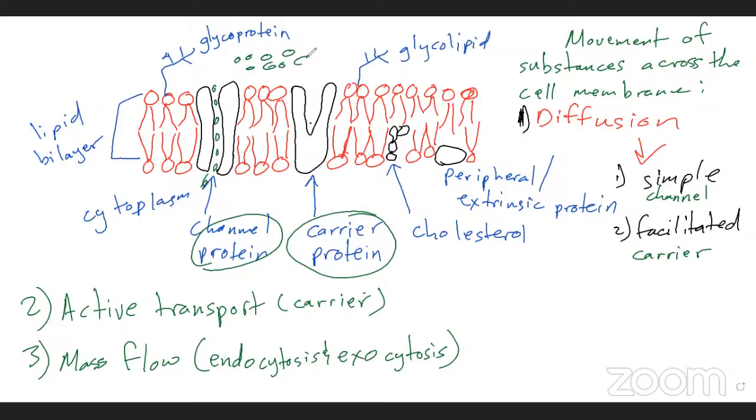So the molecules will be high on the outside, and they simply diffuse into the inside of the cell where it is low. So in simple diffusion with the channel protein, no energy, no assistance is needed. They just slide through. It is the carrier protein that we need to look at.